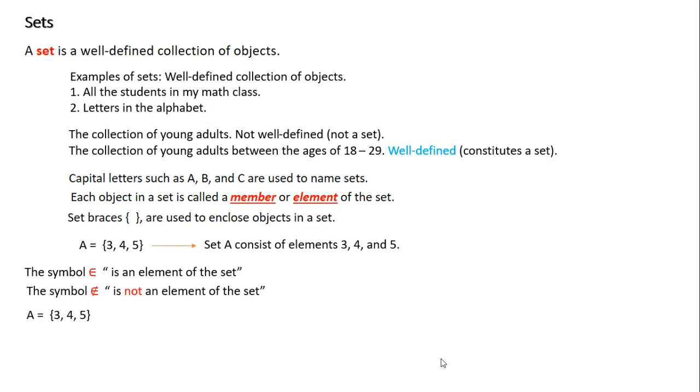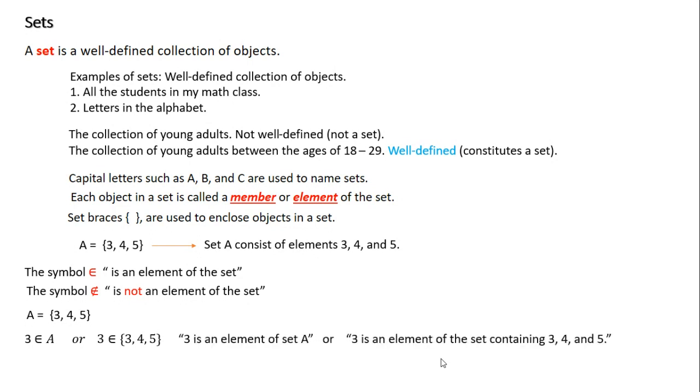So for instance, going back to my set A, in set notation we have 3 is an element of A, or 3 is an element of the set 3, 4, 5. That's how we would use this symbol. This is how we would read it: 3 is an element in set A, or 3 is an element of the set containing 3, 4, and 5.